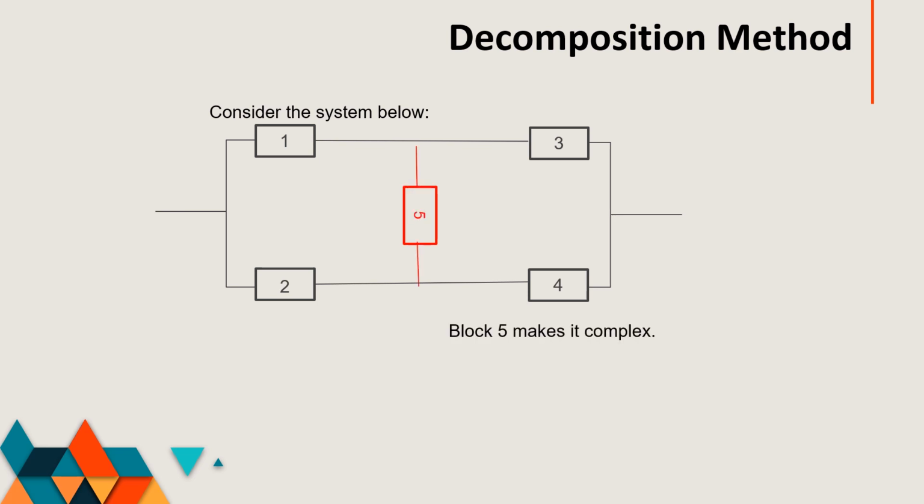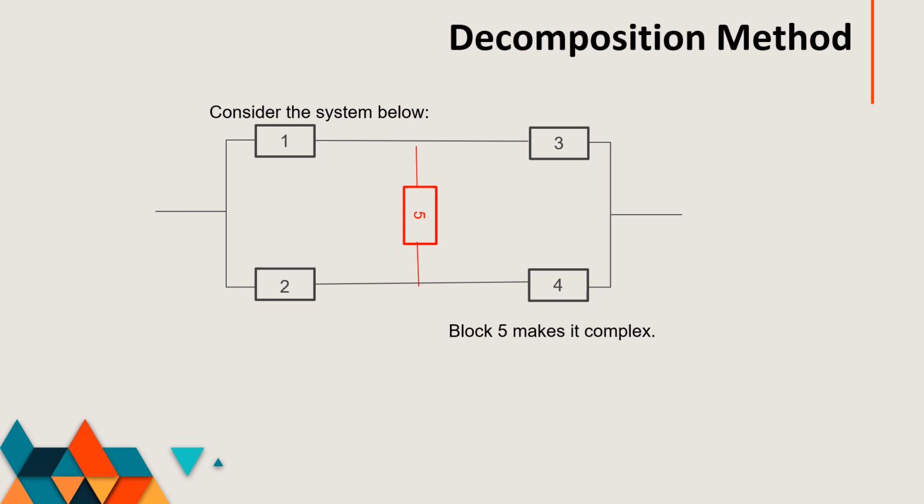But imagine we have a fifth element, which is block 5. This system will become complex because it is neither series nor parallel. This is like a bridge circuit or system. So how do we go about this?